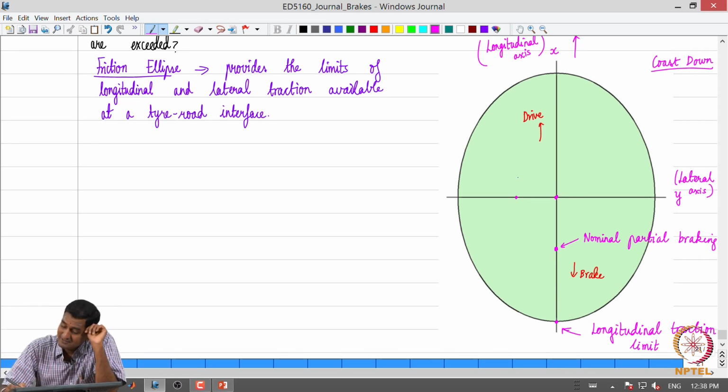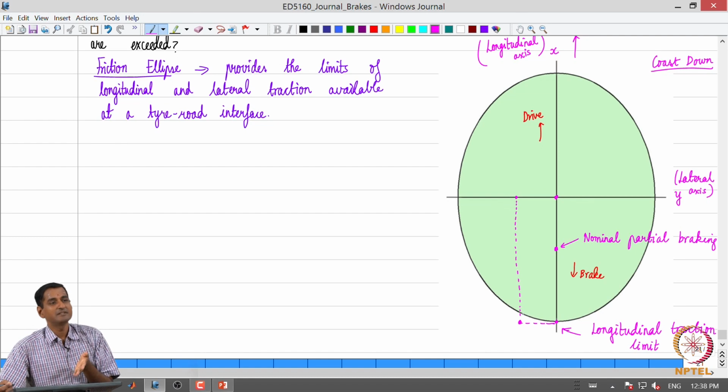Now where will the resultant be? The resultant force is going to be here. Is the resultant going to be inside the ellipse or outside the ellipse? This is outside the ellipse, right. So you can immediately see that I am just constructing a scenario where things can go out of control, right.